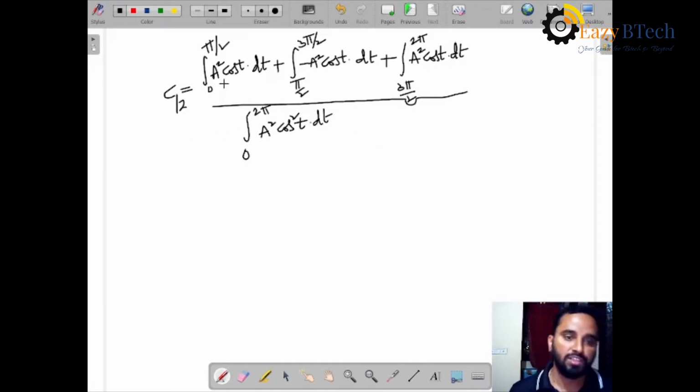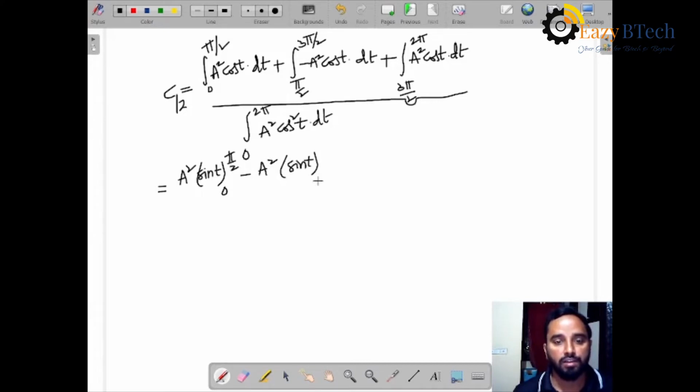Taking the first integral, a square cos t, the integration of cos t is sin t, with limits 0 to pi by 2. Then minus a square times the integration of cos t, sin t, with limits pi by 2 to 3 pi by 2.